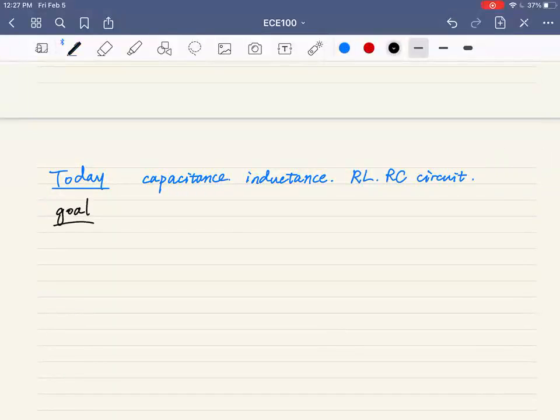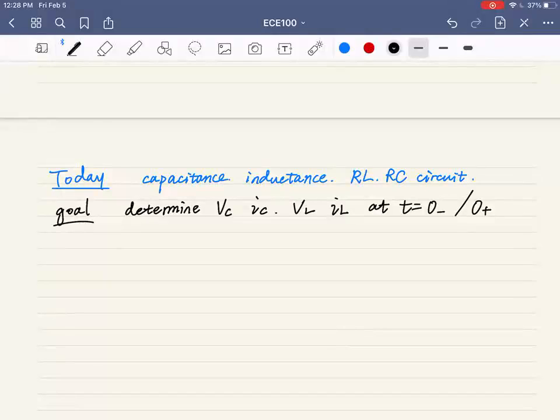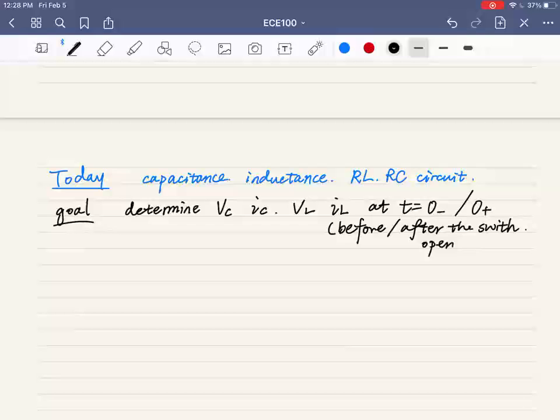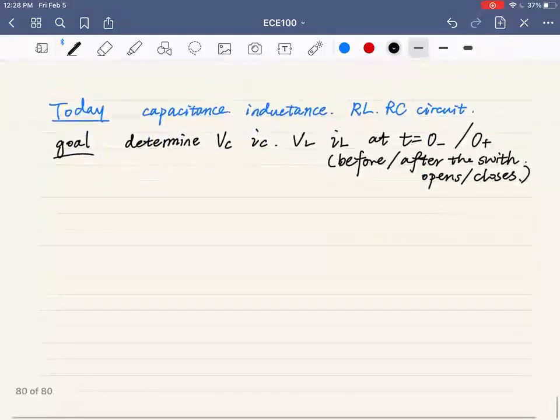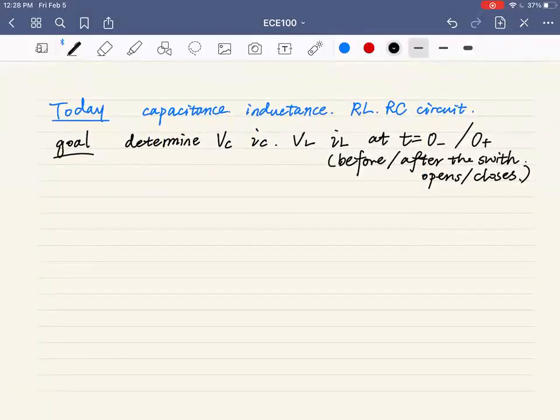And our goal today is to be able to determine the voltage or current of the capacitors or inductor at 0 minus or 0 plus timestamp, which means right before and after the switch opens or closes. And it would be super helpful for your homework.